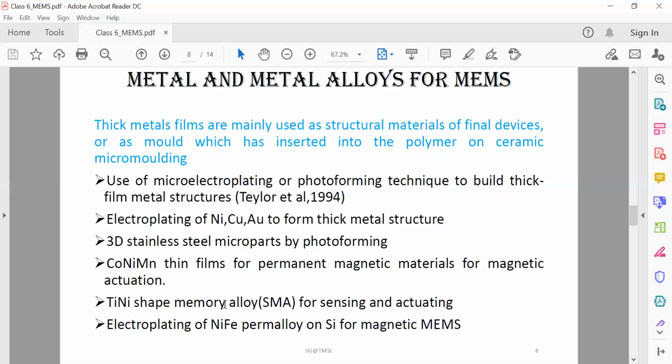Electroplating of nickel and iron permalloy on silicon for magnetic MEMS is also getting importance nowadays. So these are the various kinds of metals and their alloys which are used in MEMS or in any micro sensor devices, MEMS based devices.